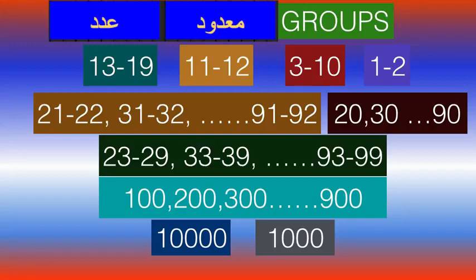From 11 to 99 it is tamyiz, which is mansoob, and 3 to 10 will be mudaf ilayhi, and 1 to 2 will be na'at man'ut. So those are the concepts we need to remember. If we give you quick examples of the i'rab, the way the numbers will decline, that will give us a good understanding, inshallah.